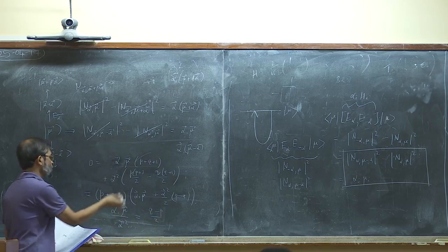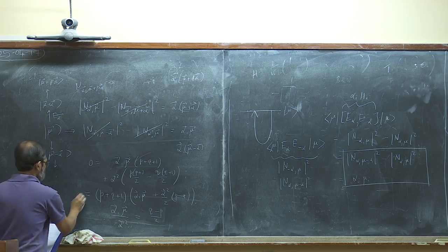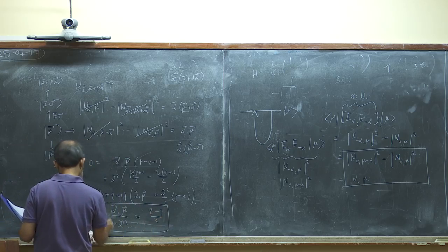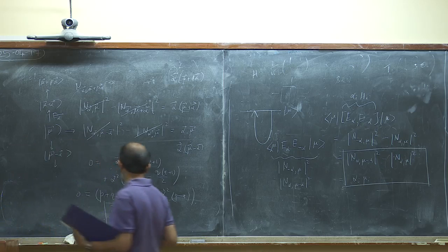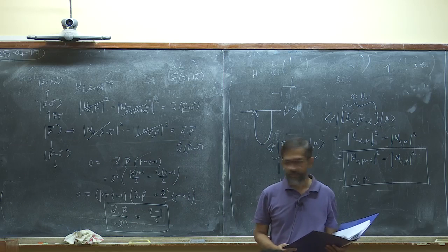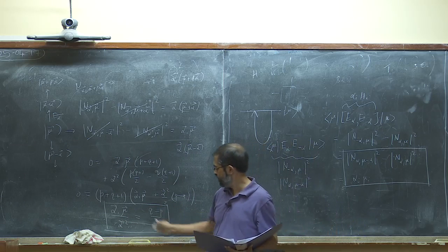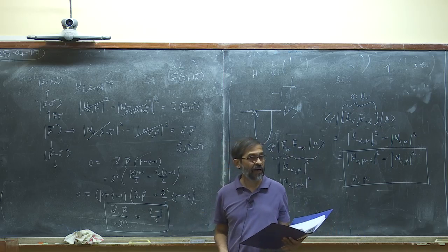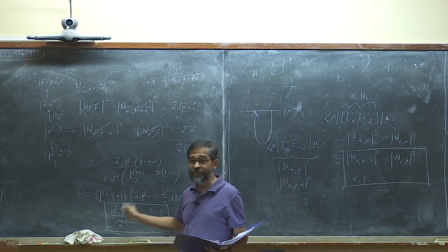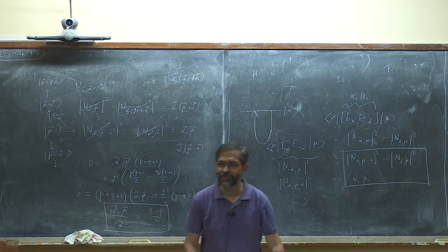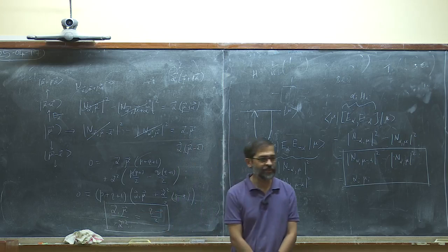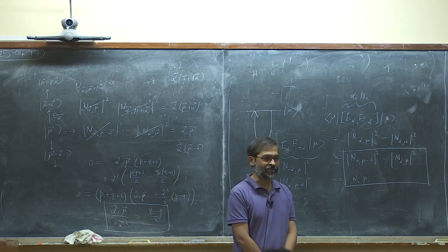This p plus q plus 1 is some non-zero object, so you can just get rid of it. q and p were meant to be integers. So therefore, this object has to be a half integer. So in an arbitrary compact Lie algebra also, this combination alpha dot mu divided by alpha square has to be a half integer.